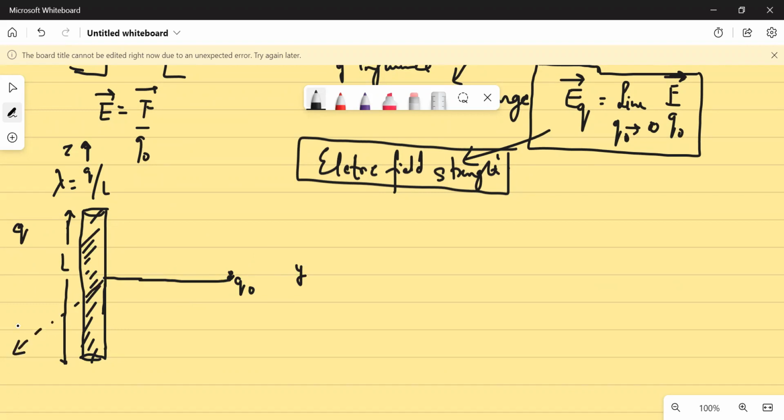X cross Y would make Z. So every time you're in physics, you just use the right hand screw rule, and you can find that X, Y, Z forms a right-handed coordinate system. I don't think there is an issue till now.